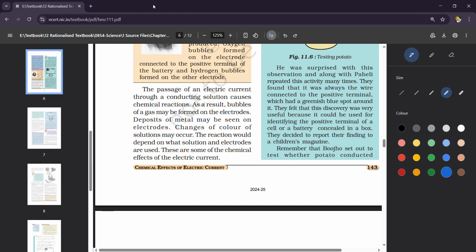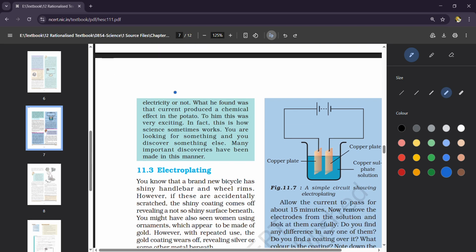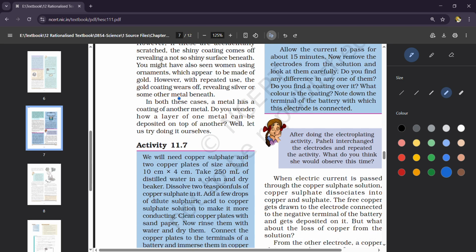Now let's come to the other part. Here the reaction is totally dependent upon the material of the solution and the electrodes. Now if the material is copper, then the solution through which the electric current is passed should also be copper sulfate, which is of blue color.